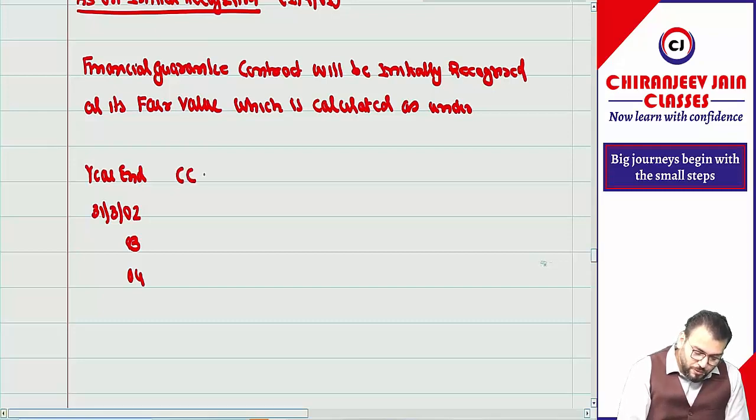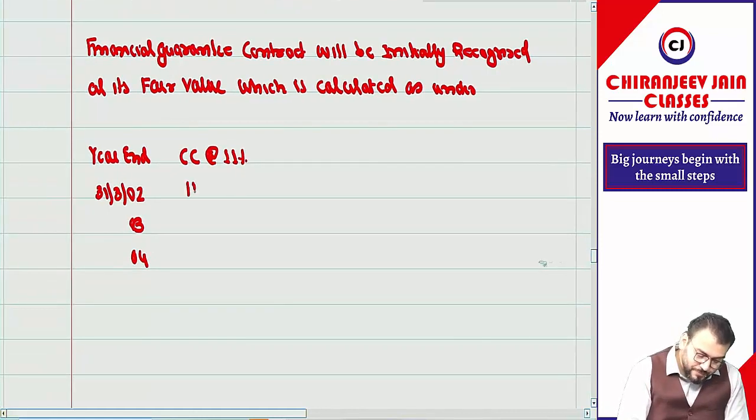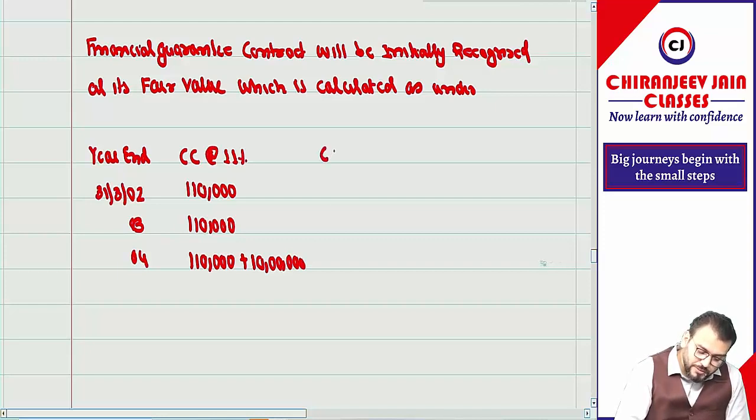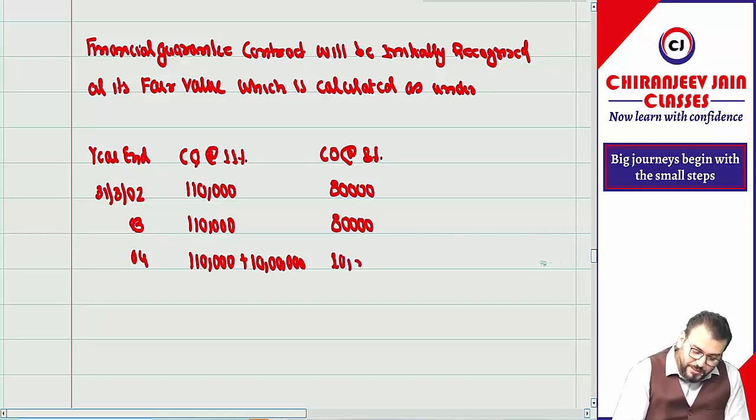So cash outflow at 11% will be 1,10,000, 1,10,000, 1,10,000 plus the principal amount, 10 lakh. And cash outflow at 8%, that is 80,000, 80,000 and 10 lakh 80,000.